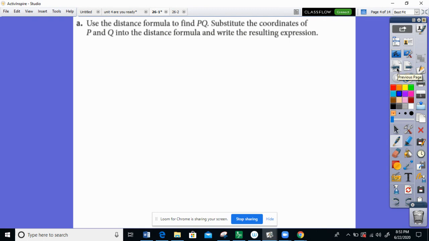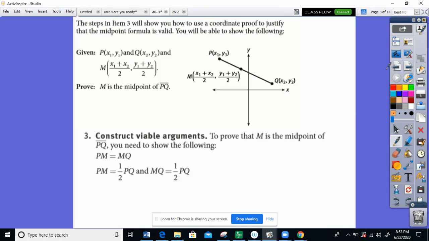We're going to use the distance formula to find the length of segment PQ. Substitute the coordinates of P and Q into the distance formula and write the resulting expression. Well, usually whenever we do the distance formula, we label our points x1, y1, x2, and y2. Those are already the coordinates that we're given, though.